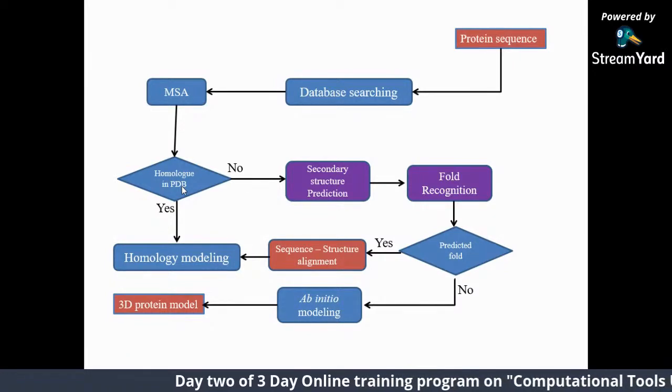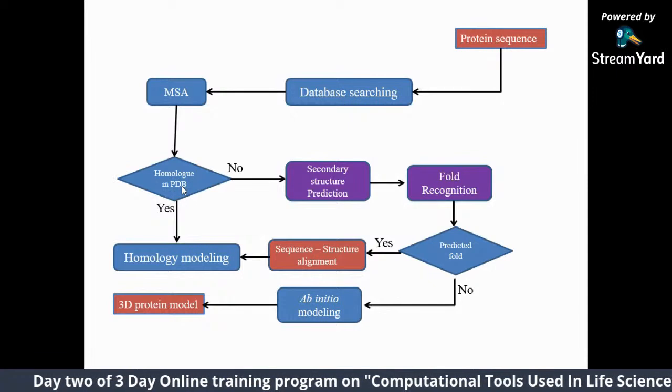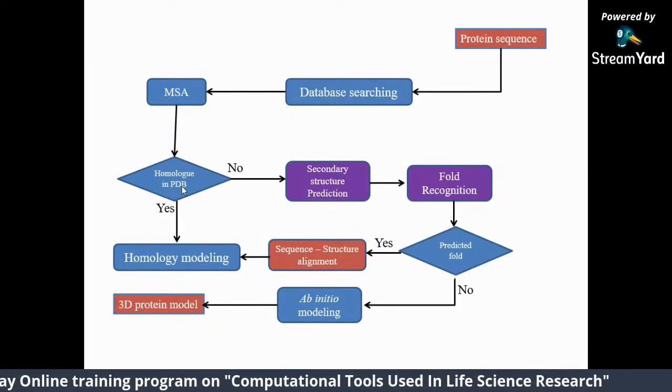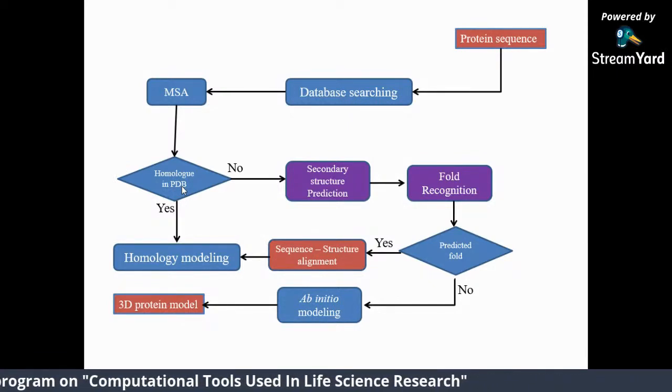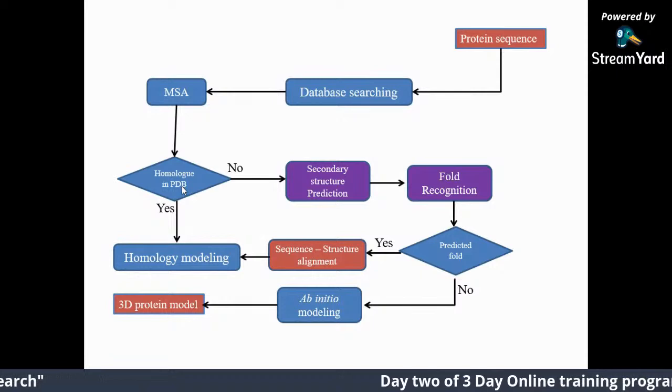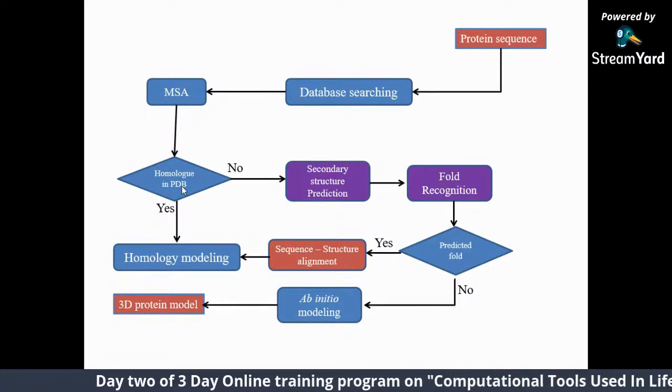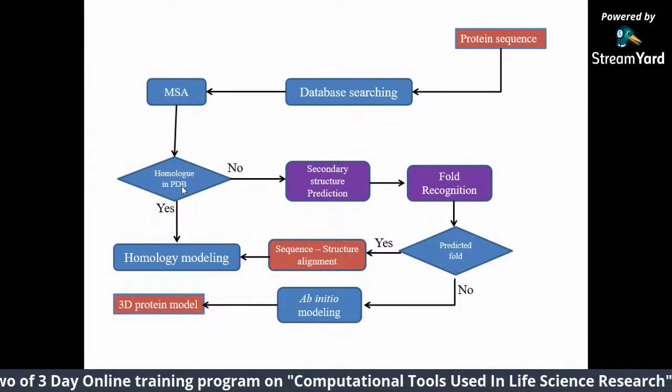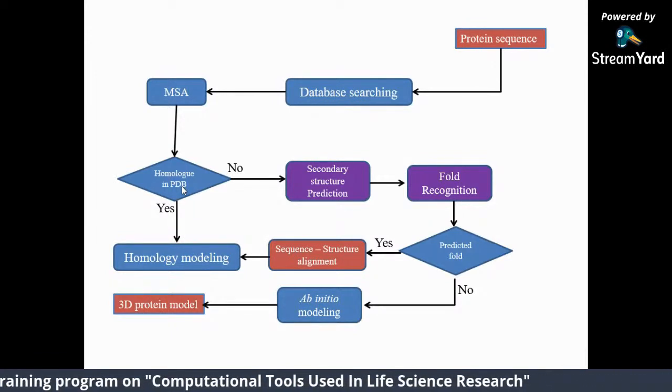The similarity percentage should be more than 40%, meaning the target sequence and the template sequence should have an identity of more than 40%. So if we have a homolog in the PDB database with more than 40% similarity, then we'll go for homology modeling.